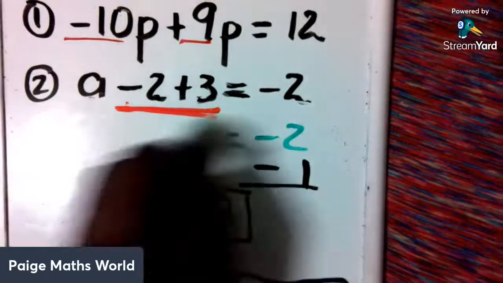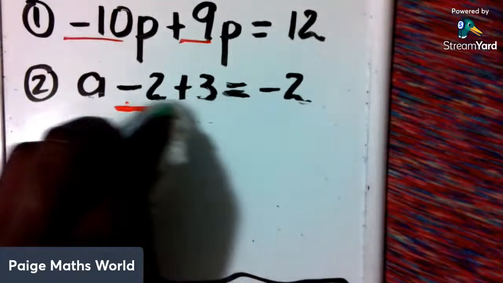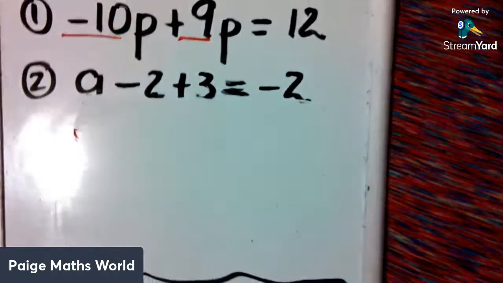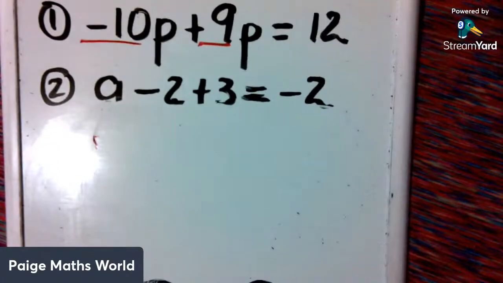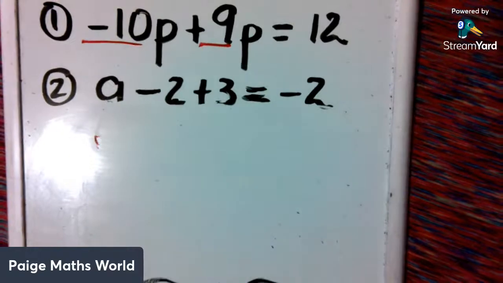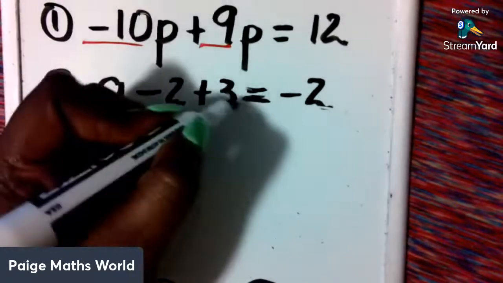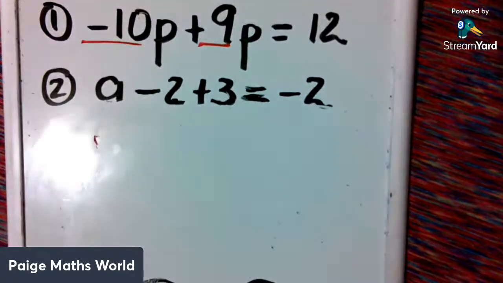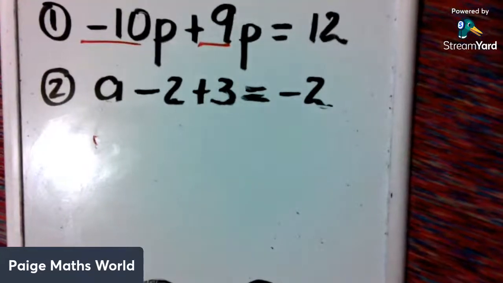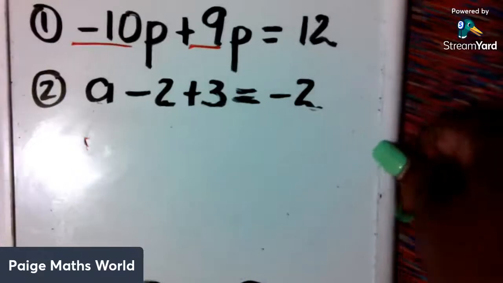So in math, there are always several ways to do math. Some teachers teach it one way, but you guys have different ways to do it. So let me show you another way to do it. Are we ready? So I'm going to do this one, and then I'm going to give you one to try, and then we're going to wrap up.